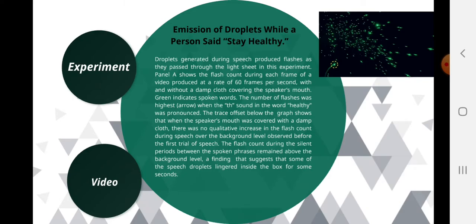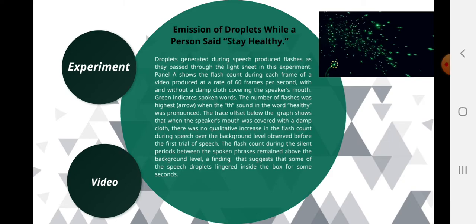was produced. The trace below the graph shows that when the speaker's mouth was covered with a damp cloth, there was no increase in the flash count during speech over the background level recorded before the first trial of speech.